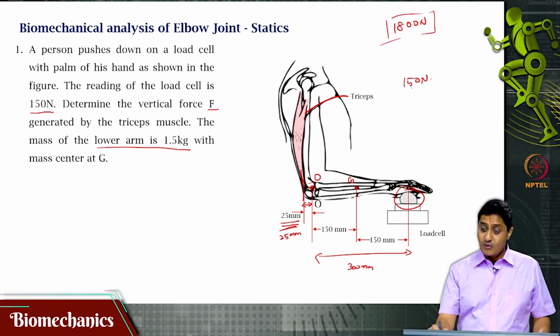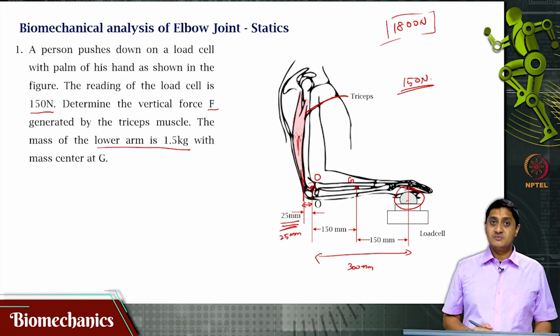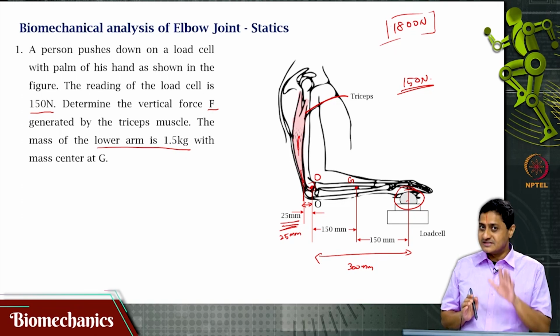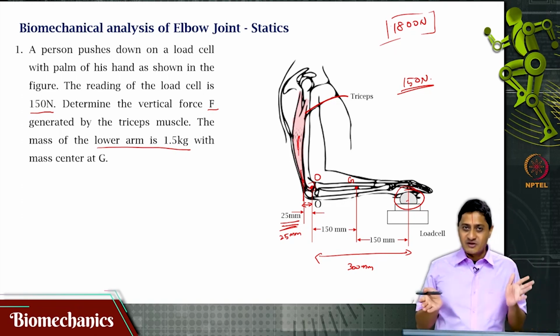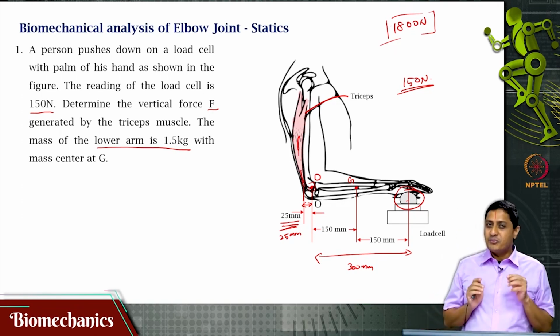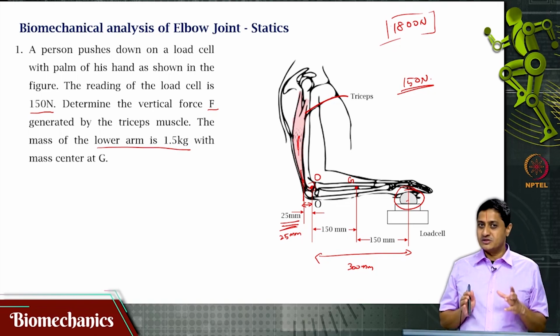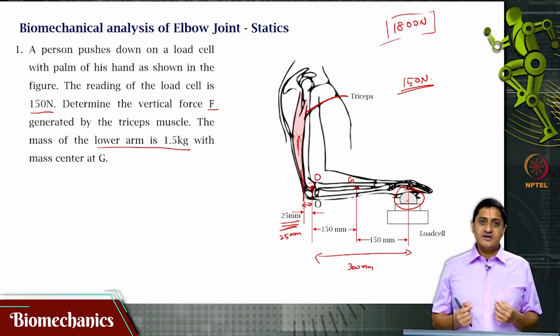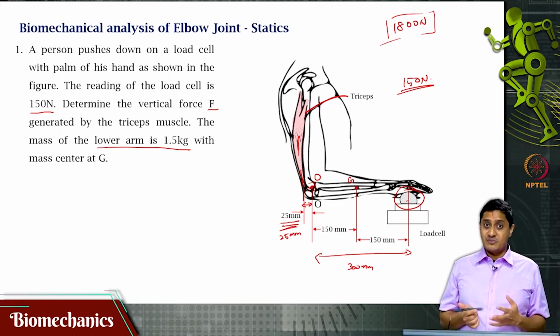Why is that? 150 newtons is what I am measuring here, so this one must be able to produce about 1800. This is not an exact calculation, this is a back of the envelope calculation. Approximately 1800 newtons, or in the vicinity of 1500 to 2000 newtons, is where I am expecting the solution. It is useful to develop this sort of intuitive back of the envelope approximate solution before we proceed.